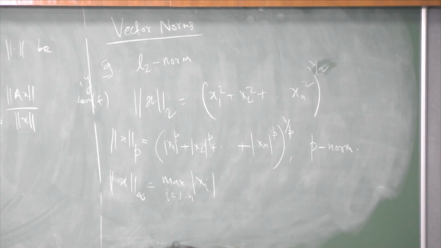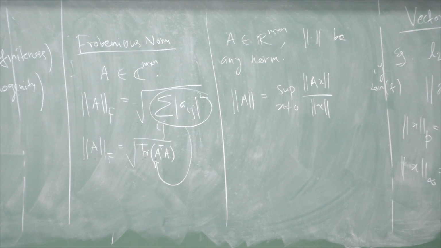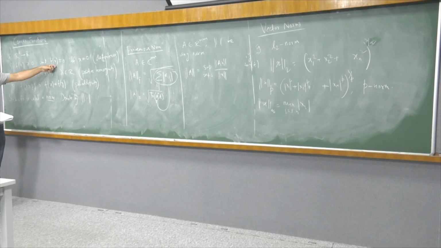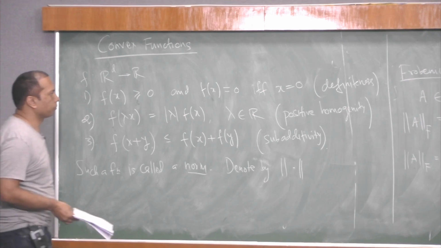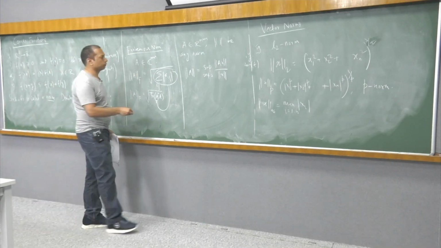And if f of A is 0, meaning the norm of A is 0, then necessarily A must be 0. So this has to be shown. And for homogeneity, f of lambda A should be lambda times norm of A, so the lambda comes out and I am left with the norm of A, and then there is the sub-additivity. So more or less all the things seem okay.